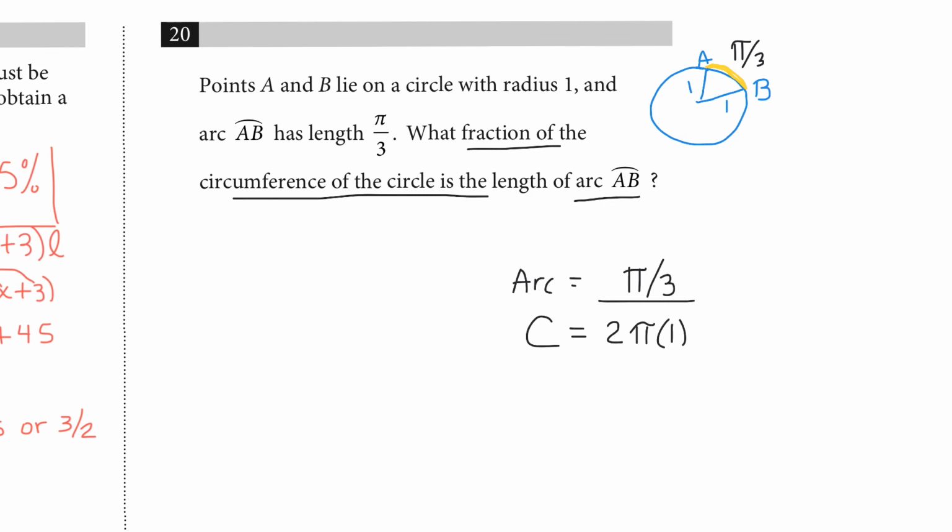So we have pi over 3 divided by 2 pi. Well, pi's cancel out. So you have 1/3 divided by 2, which is really 1/3 times 1/2, which would be 1/6. So that means that this part right here from A to B is 1/6 of the total circumference.